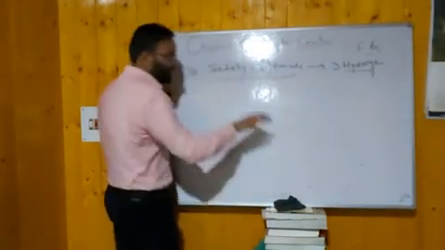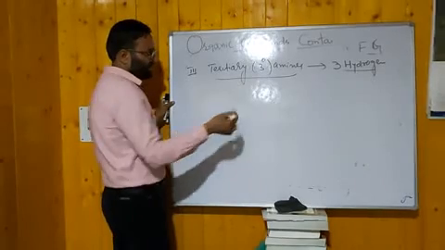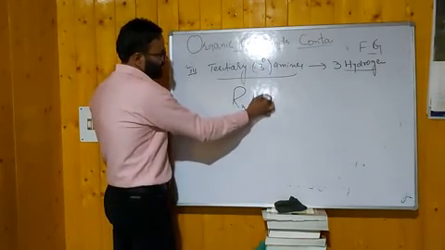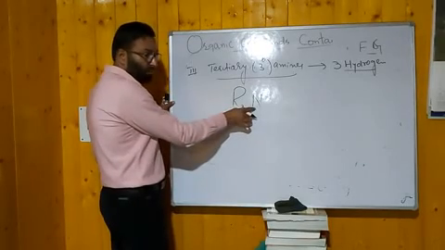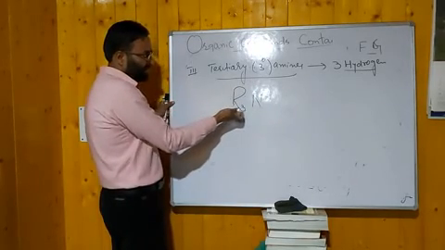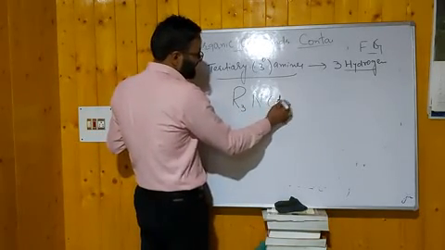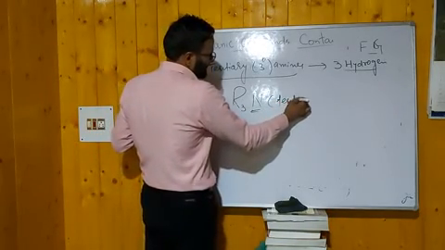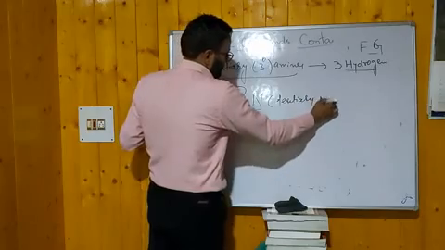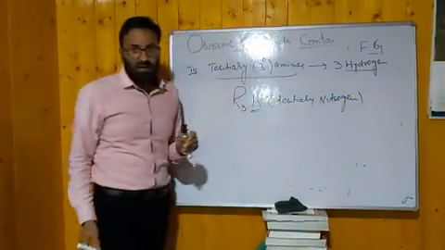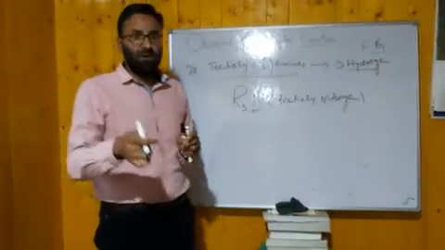The general representation will be R3N. Here we have no hydrogen because all have been replaced by R groups. And the name of this functional group is tertiary nitrogen.